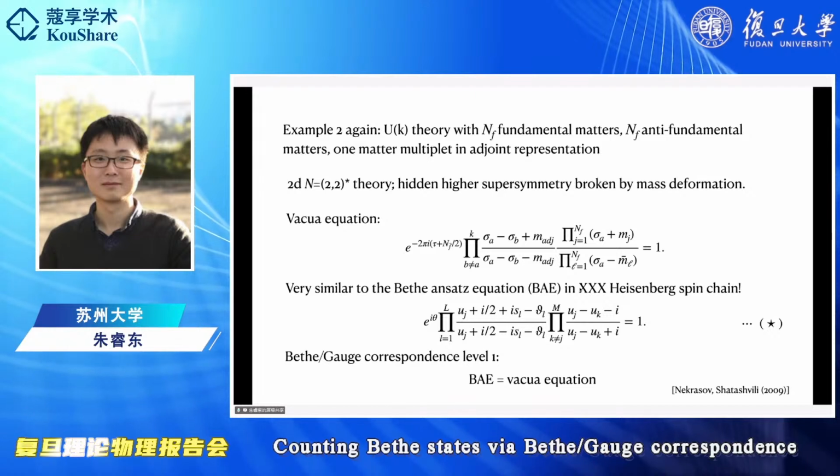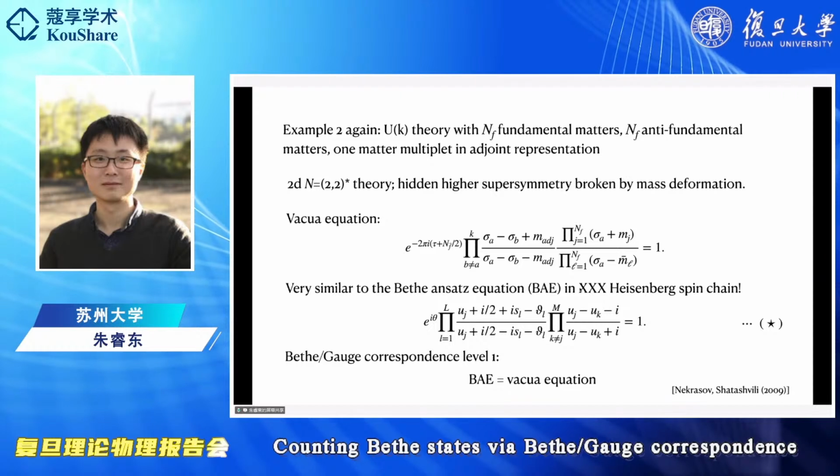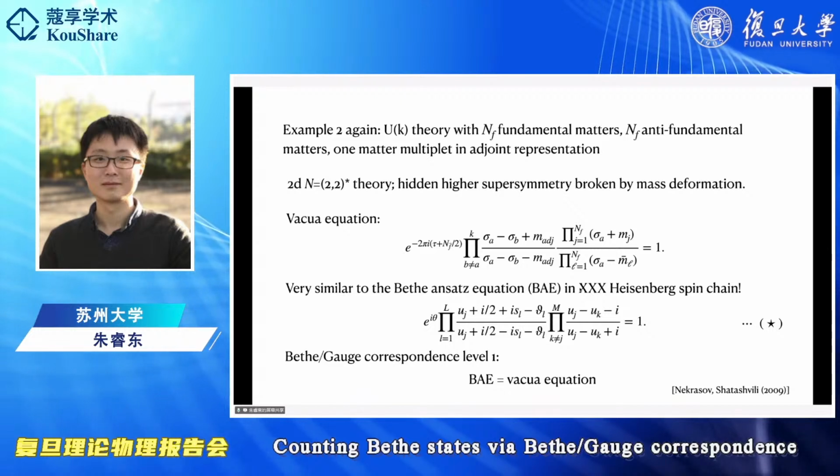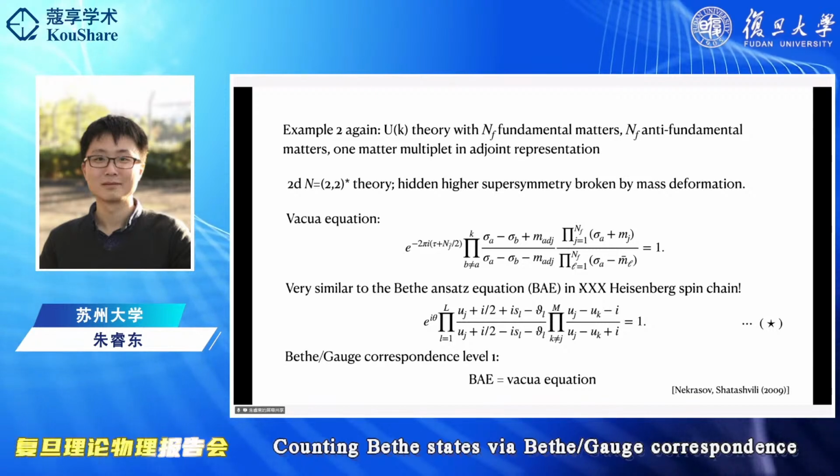The gauge theory side will be very complicated, so I'm not sure how to really deal with it in a rigorous way. Ideally, if we can prove there's a reverse correspondence, then we can solve the spin chain and say something about the field theory that we couldn't solve. That's what I really want to do.